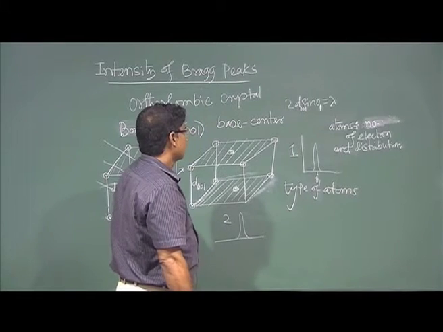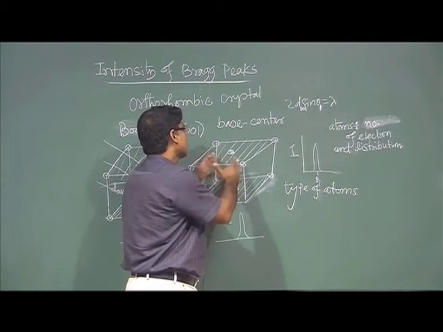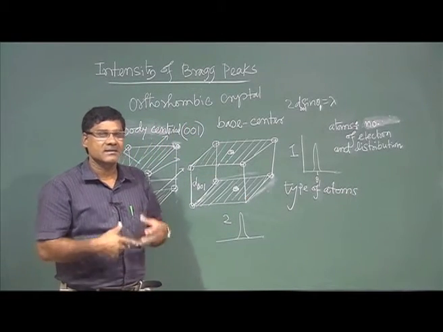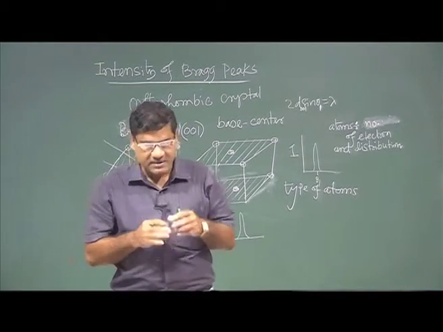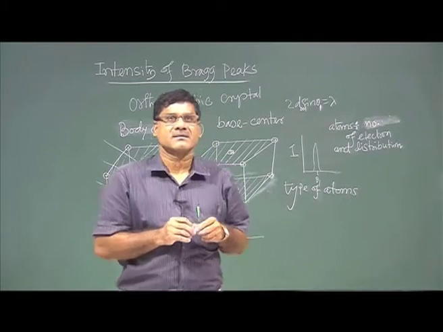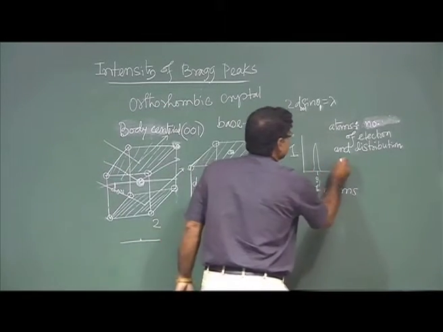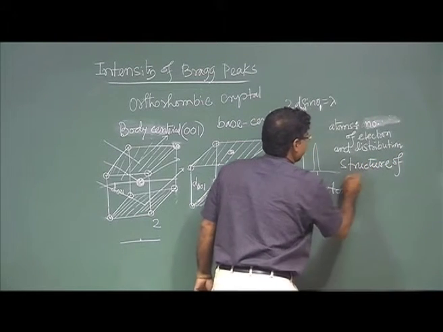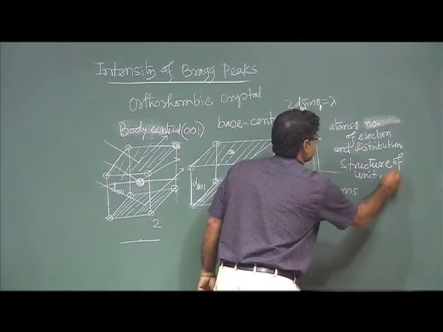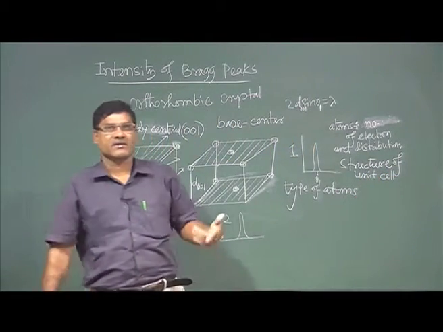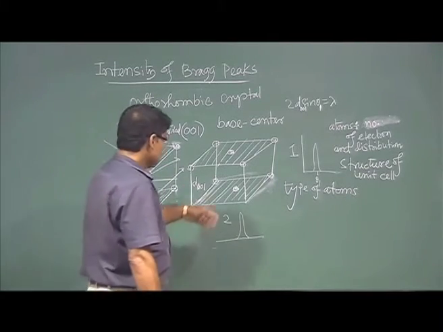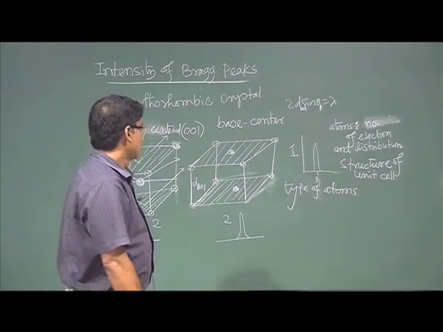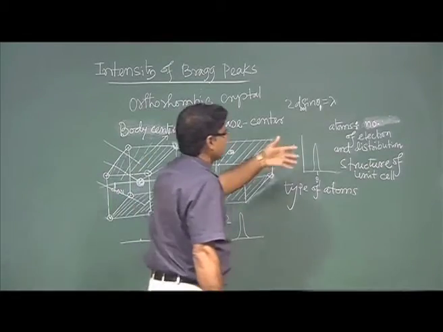The second factor is how those atoms are distributed in the unit cell. So basically the structure of the unit cell is another factor that decides the intensity of the Bragg peak.